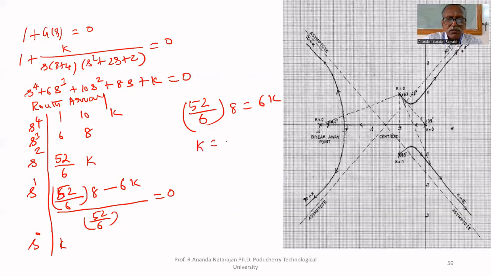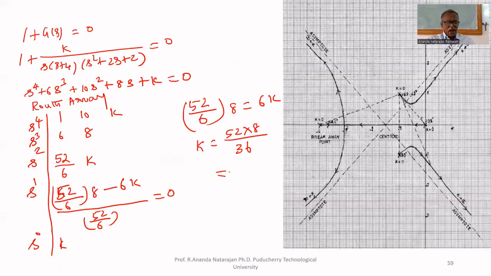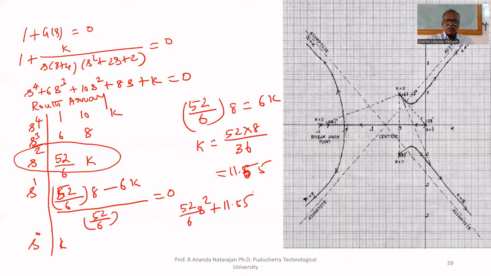Therefore, K equals 52 multiplied by 8 divided by 36, which is 11.55. Substitute K in the second row and find omega: 52 divided by 6 s square plus 11.55 equals 0.